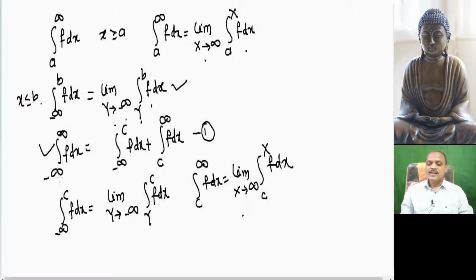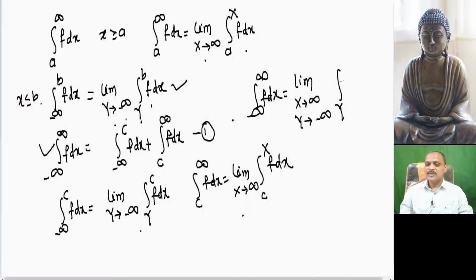We can write it in a single notation. Suppose minus infinity to plus infinity of this function. We take it as the limit as x tends to plus infinity and capital Y tends to minus infinity, with integration limits from capital Y to capital X of f dx.